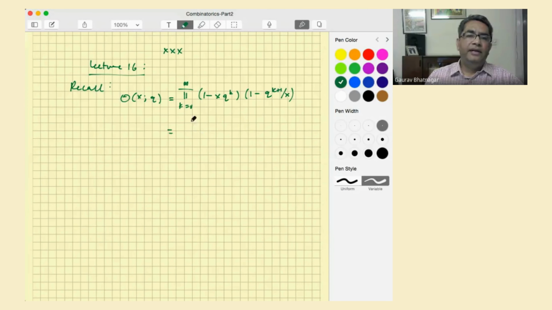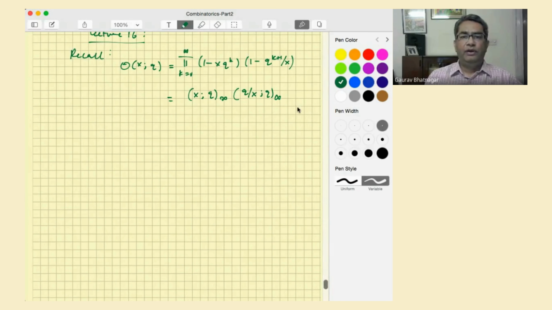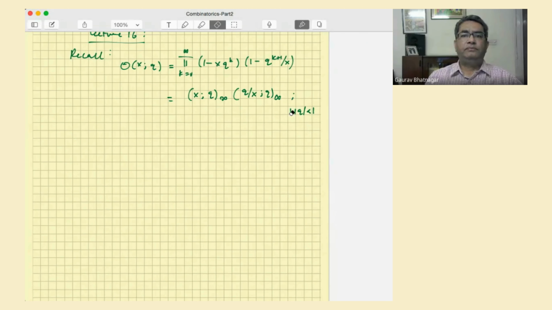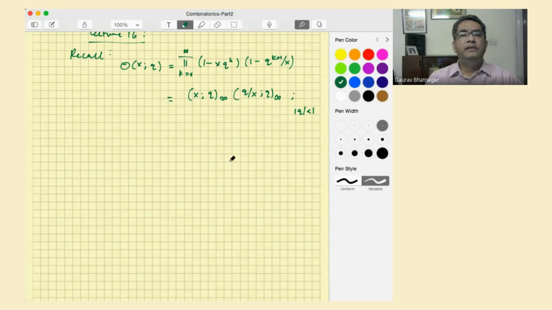And this we could write in our q notation as (x q; q) infinity times (q/x; q) infinity. Now we know this is for absolute value of q less than 1. This is always convergent, and x is not equal to 0.